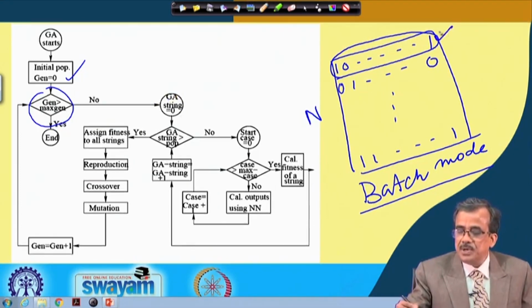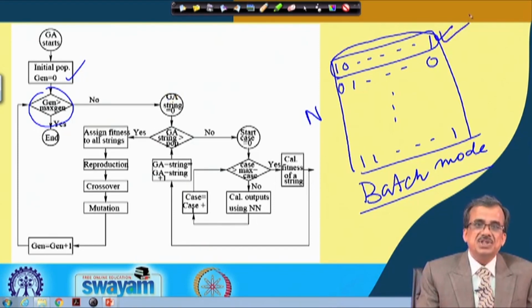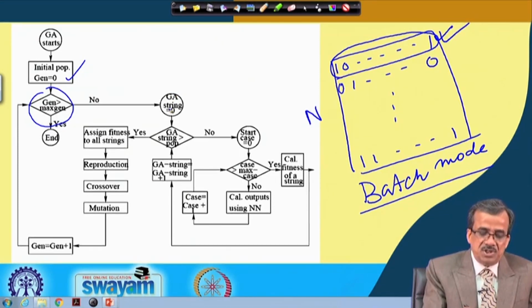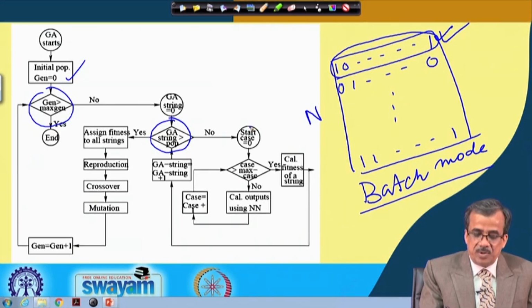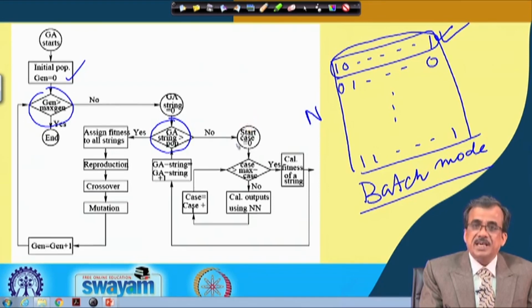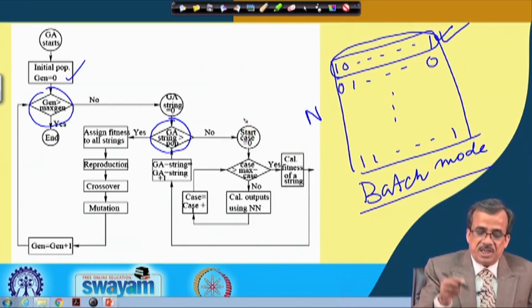That means we put GA string equals to 0, and there is another check whether the GA string is greater than the population size. Now, if it is no, then we start with the first training case.